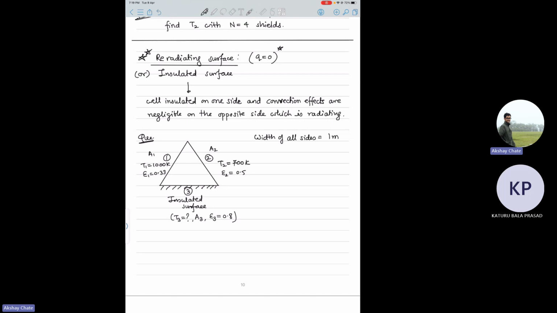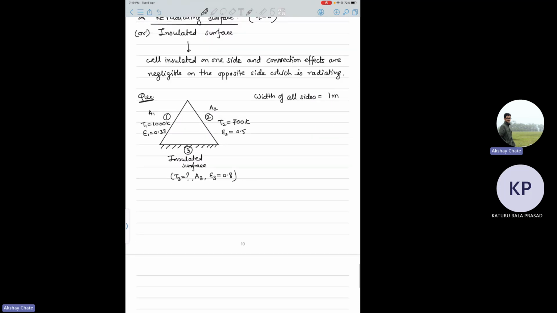Yeah, they are asking per unit length. So determine the net radiation transfer from surface A1 per unit length.